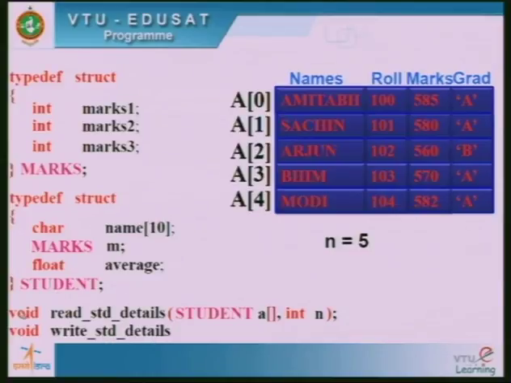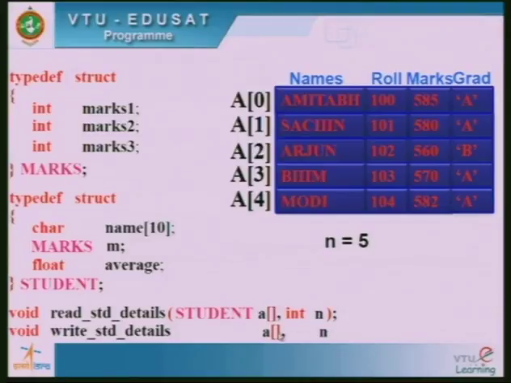What is the responsibility of this function read student details? We have to read the data from the keyboard. All n students' information, we are supposed to read the data from the keyboard and store it in the variable A. And what should be the responsibility of write student details? Whatever is there in A. What is A? A is an array. How many elements we have stored in A?